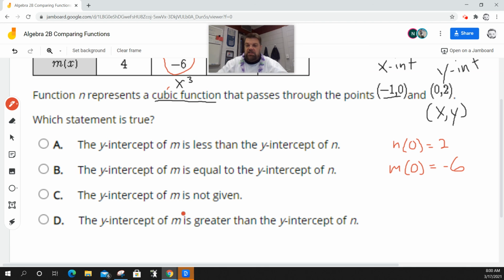So it's saying that the y-intercept of m is less than the y-intercept of n. Yeah, that's true. That's it right there. Hey, we got lucky. It was the very first one. And that's it. That's all you got to do.